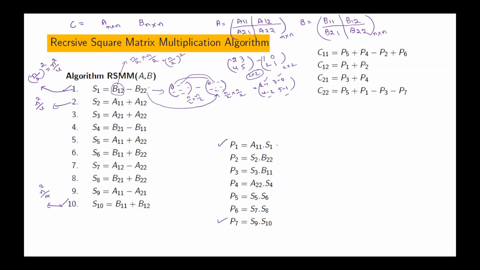Now, what is the time it takes to calculate A11 into S1? It is A11 into S1, which is B12 minus B22, which is the same as A11 B12 minus A11 B22.